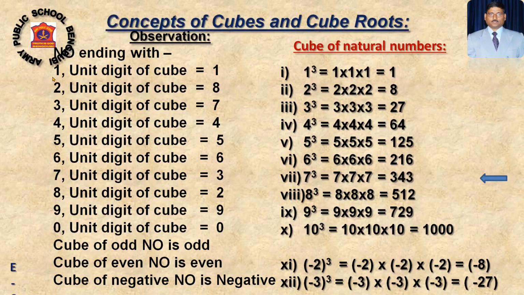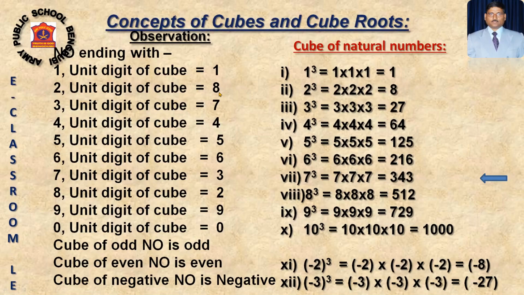When a perfect cube number ends with 1, or any cube root ends with 1, the unit digit will be 1, in both cases.